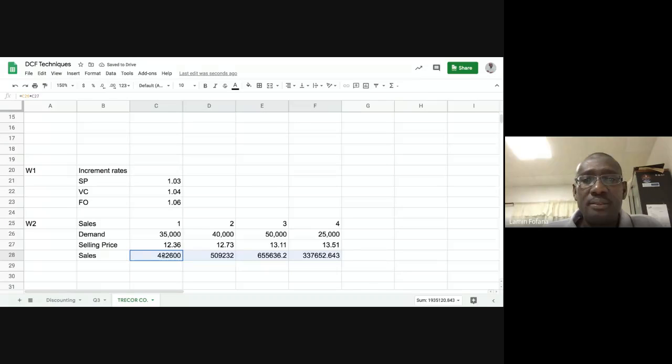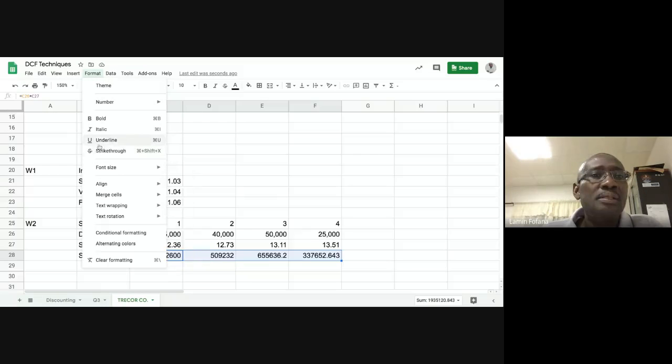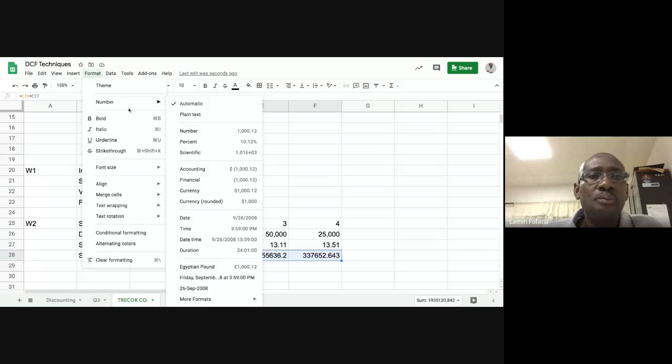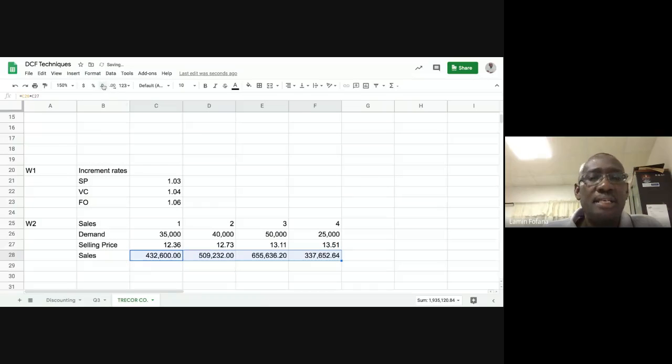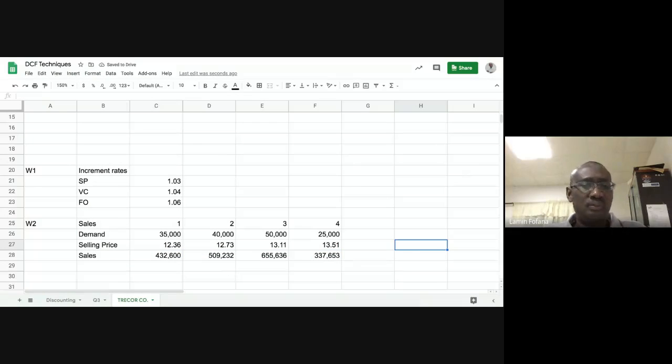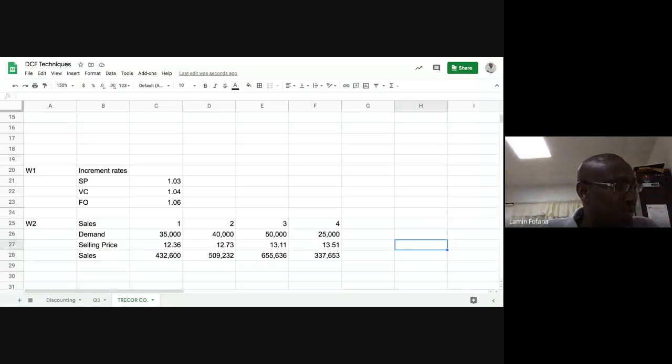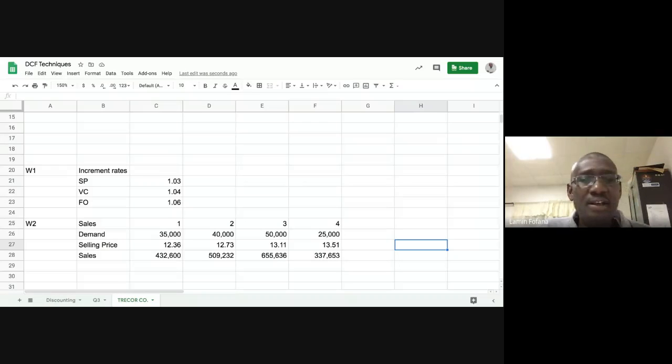We can take this to 0 DP, so we do our number formatting and take it to 0 DP. Is it clear? So it should be 436,600, 432,600, 509,232, 655, 337,653.